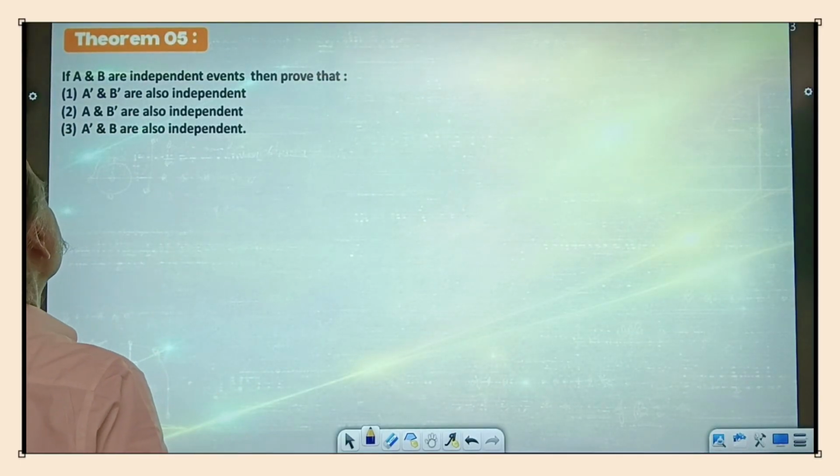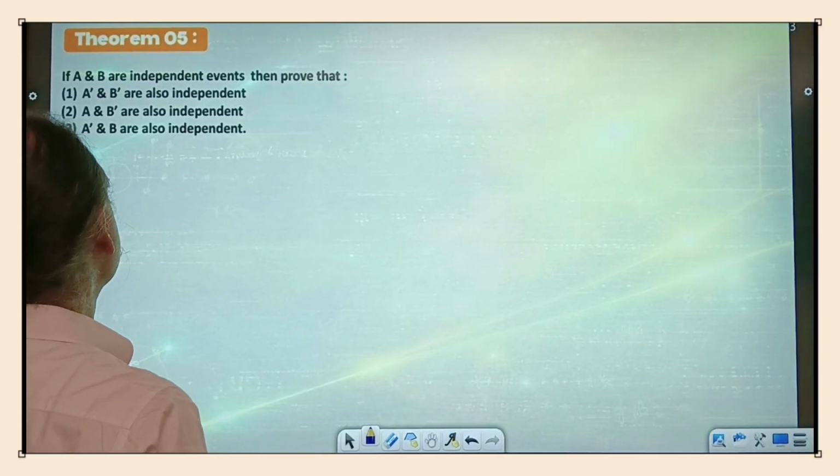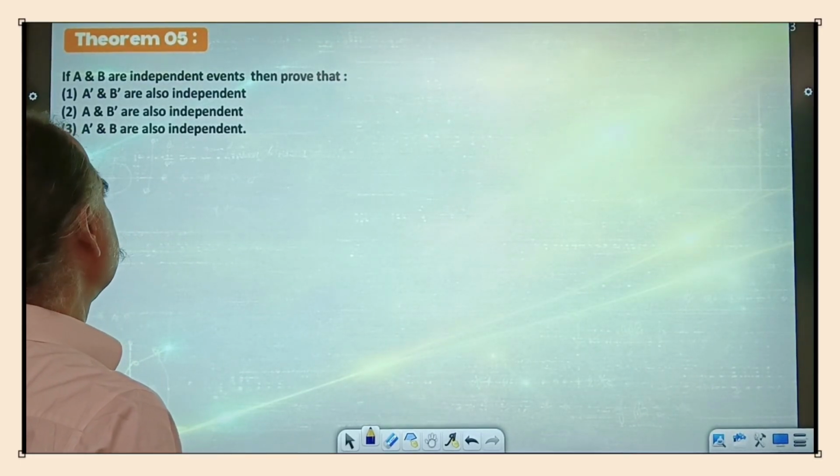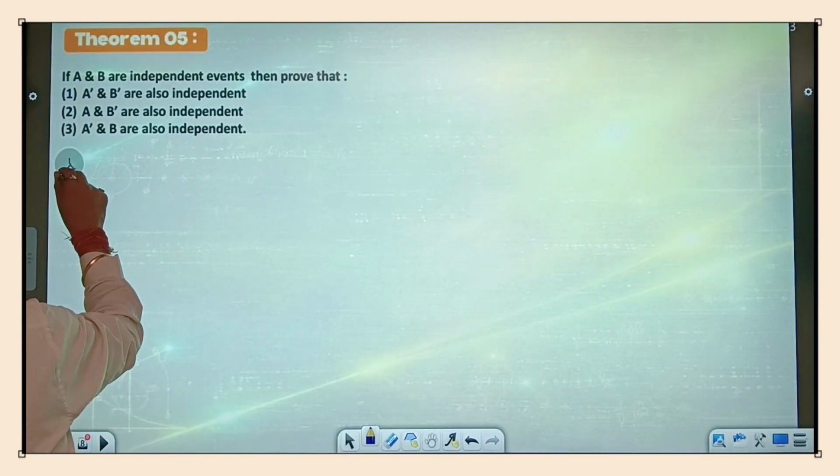Next is, if A and B are independent events, then prove that A dash and B dash are also independent, A and B dash are also independent, A dash and B are also independent. See the proof.